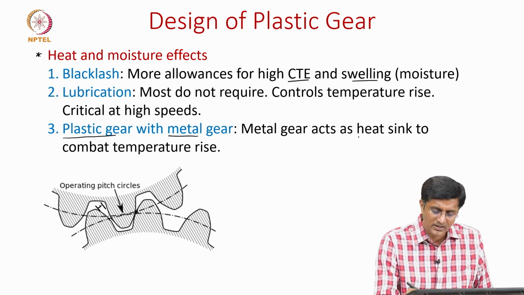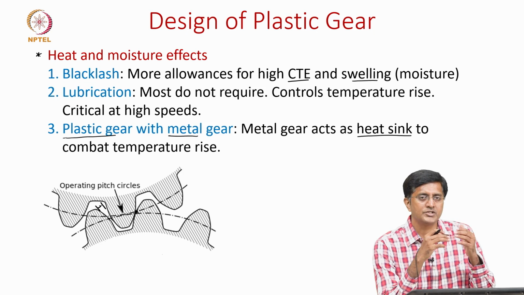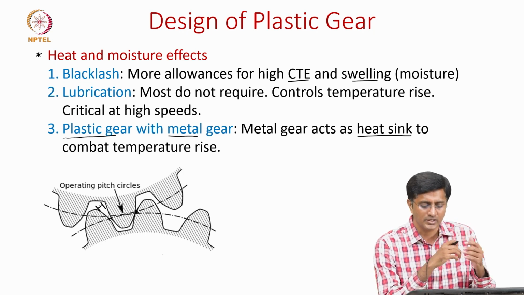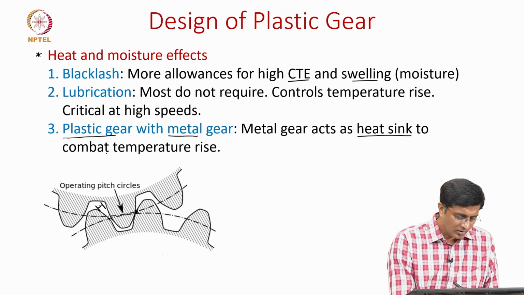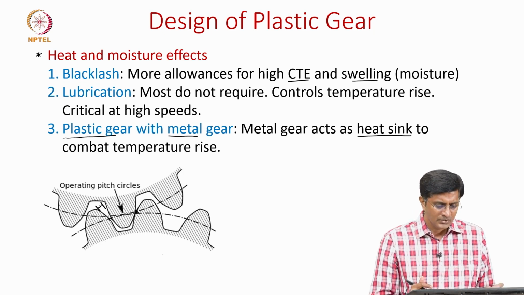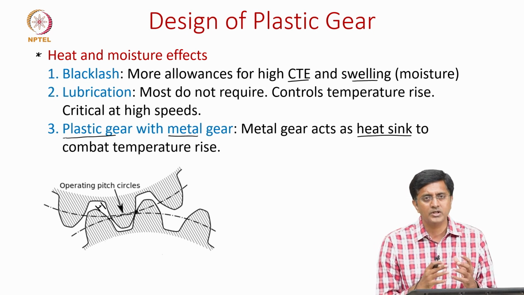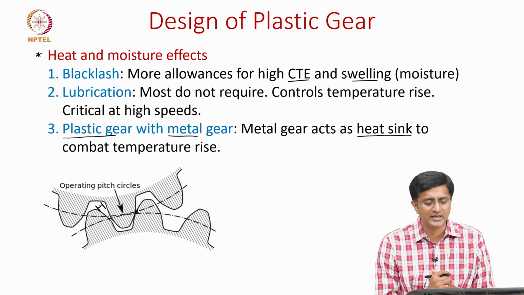It acts as a heat sink, which means it can take away the heat generated during these contact areas and therefore control the temperature of the gear. So, these are some of the aspects when someone is looking at the design or analysis of these plastic gears.